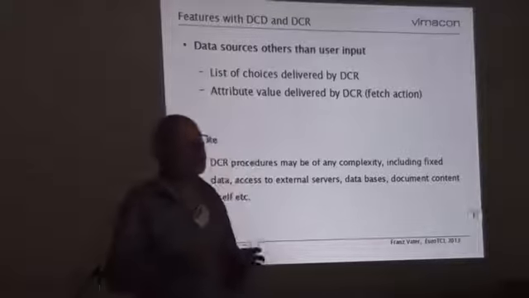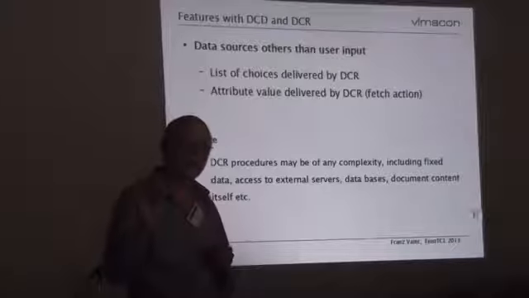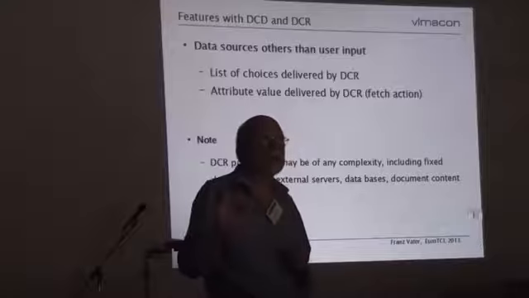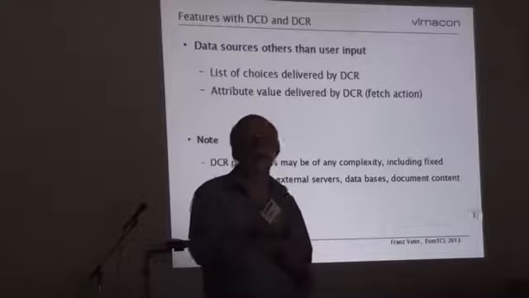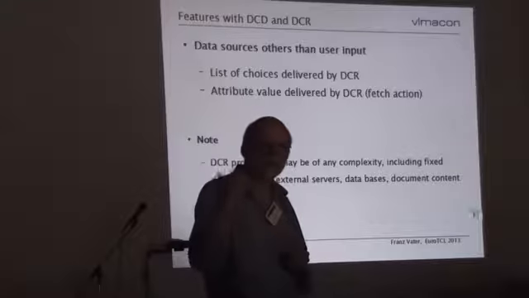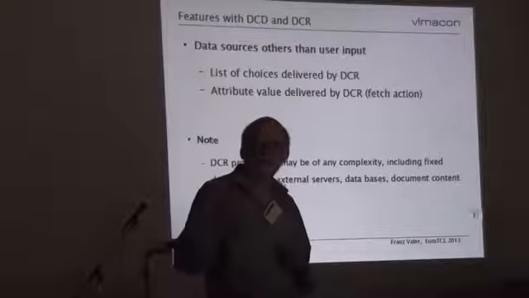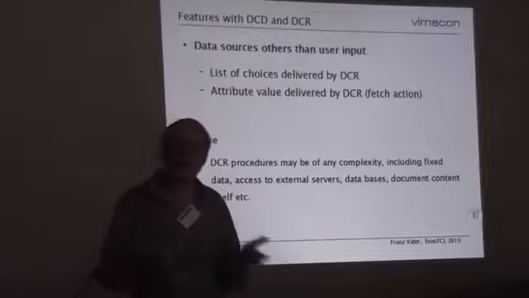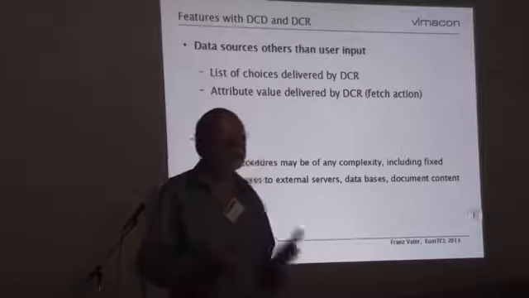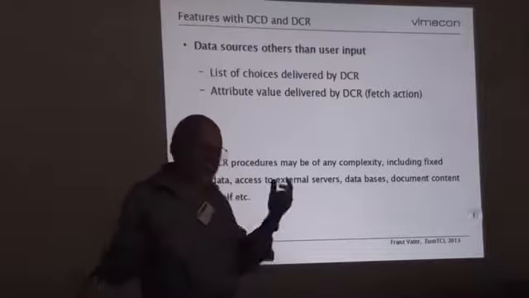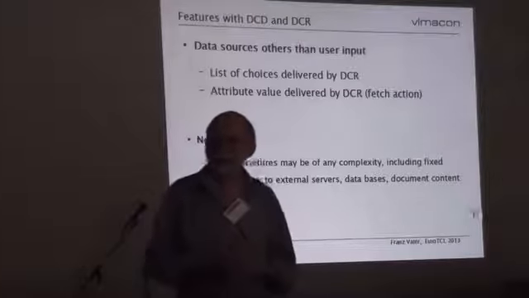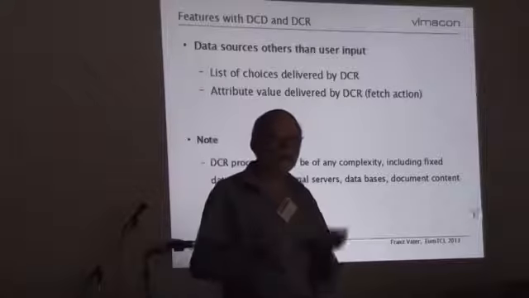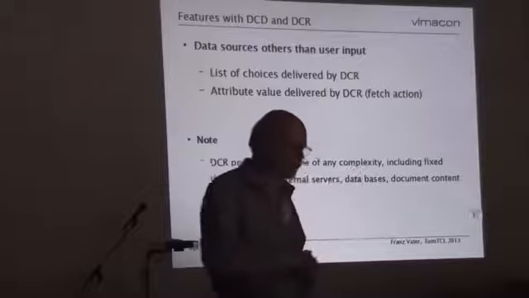We call it fetch action because it's a button beside the attribute entry field, and if you hit the button, a procedure in the DCR is called to return the value. The procedure returning this value can be of any complexity. It can be hard-coded, it can ask an external server, it can ask Google. There's absolutely no limit. It must just return one value, and that value will enter into the attribute field.